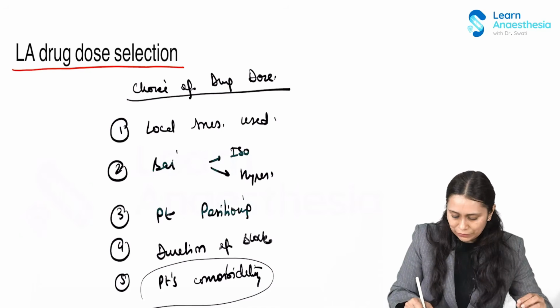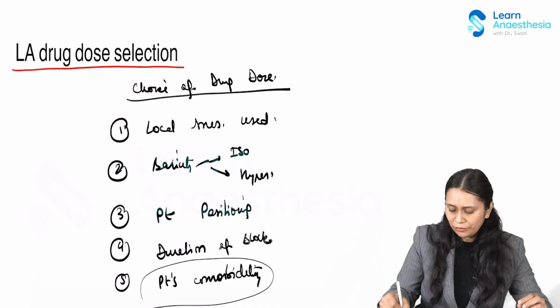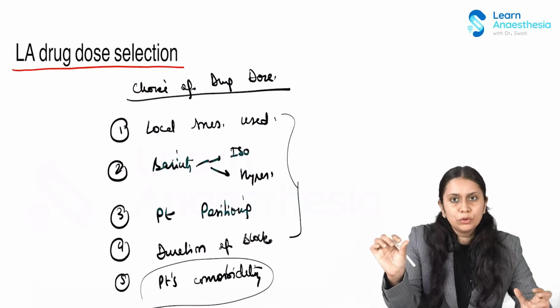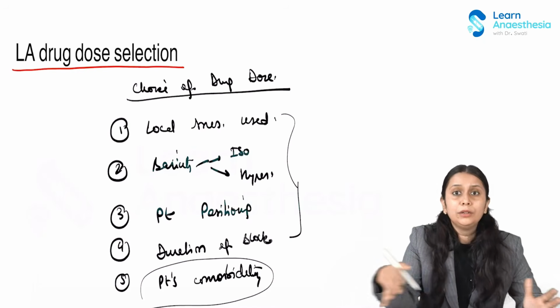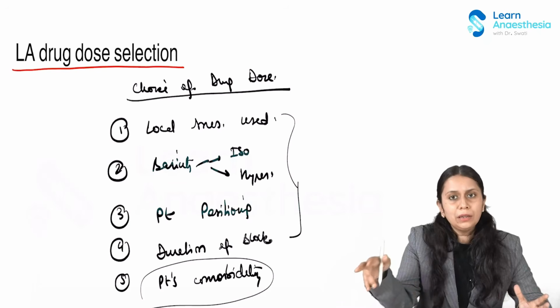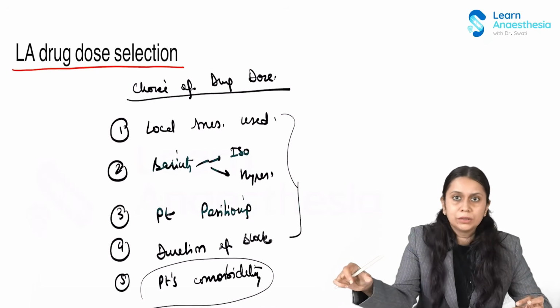The baricity of the drug is more affecting the level. Now the local anesthetic which you are using, so these are more affecting the level, but the volume which you have used is more affecting the duration. So more the volume, if duration required is more, if the surgical procedure is longer, right?